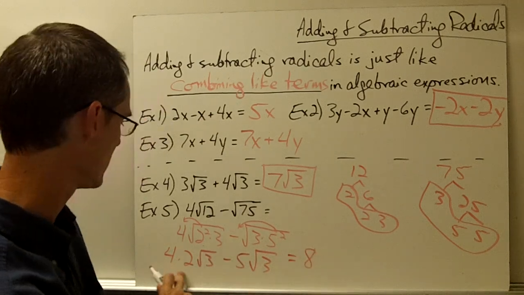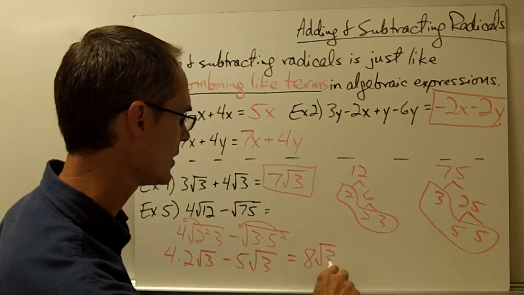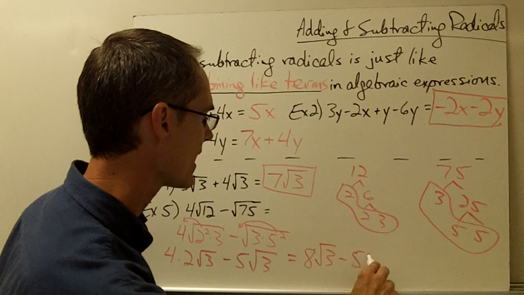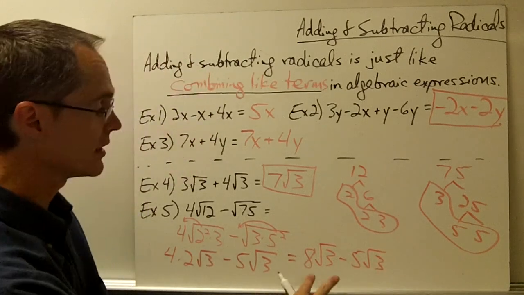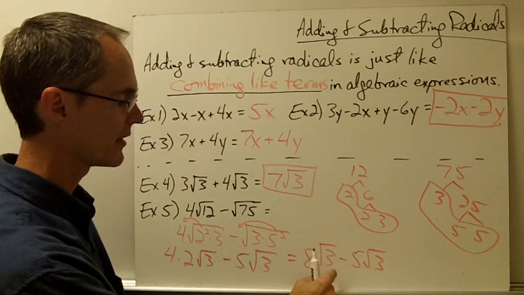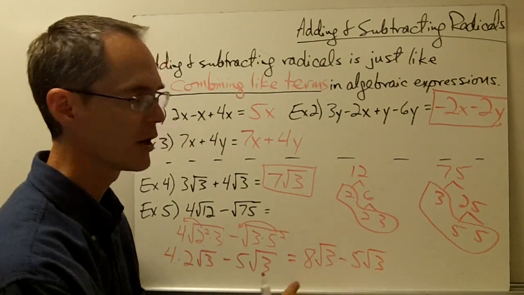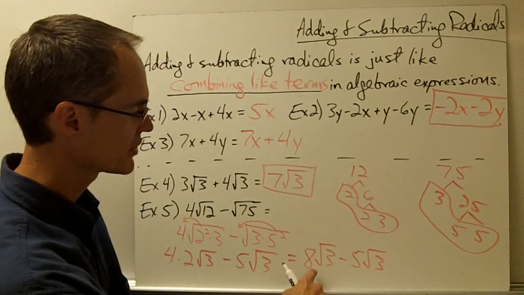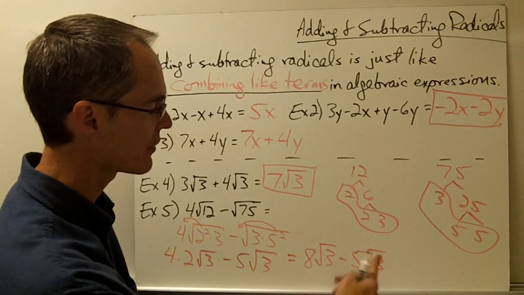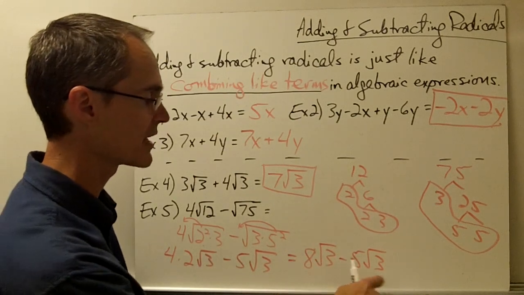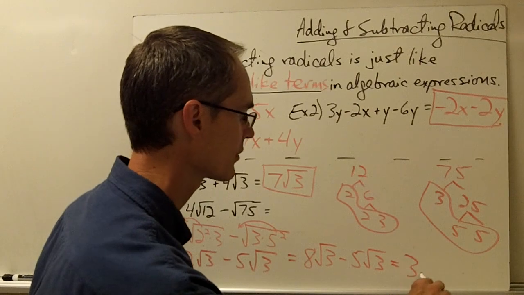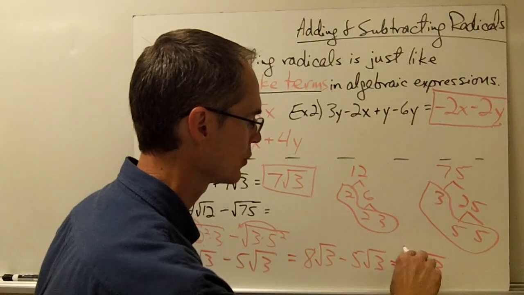That gives me 8 times the square root of 3 minus 5 times the square root of 3. Once I write them in simplest form, I can see they are both radical 3 expressions. So 8 radical 3 minus 5 radical 3 would be the same as 8x minus 5x, which is 3 radical 3.